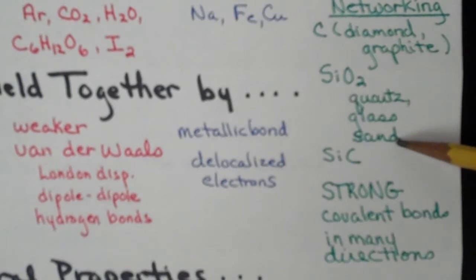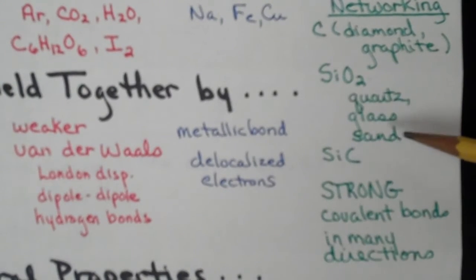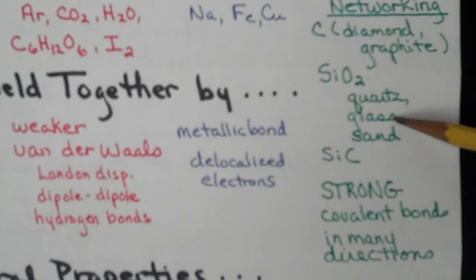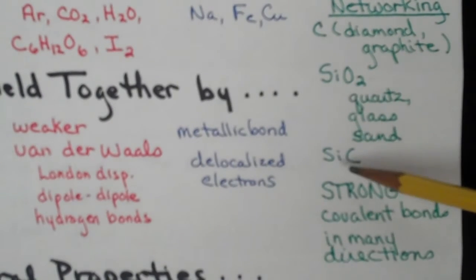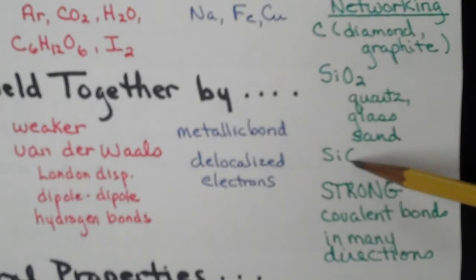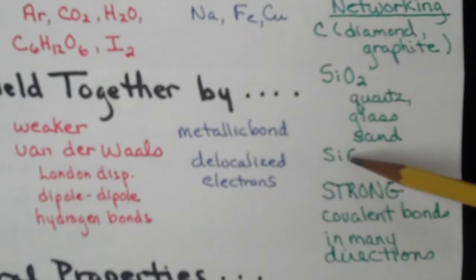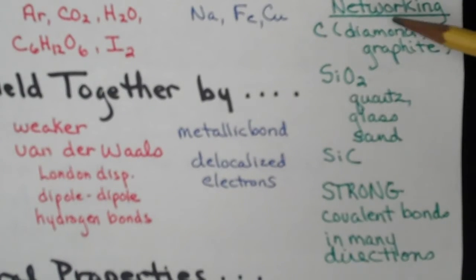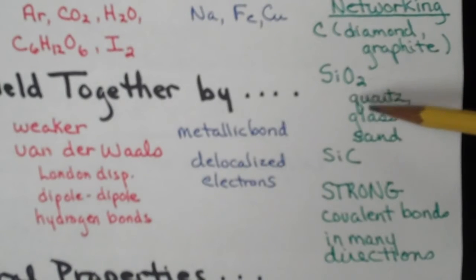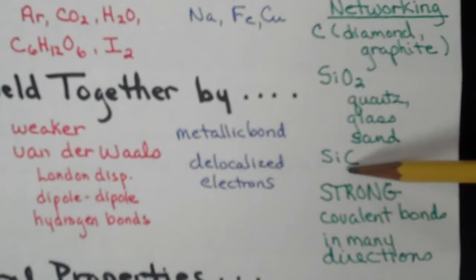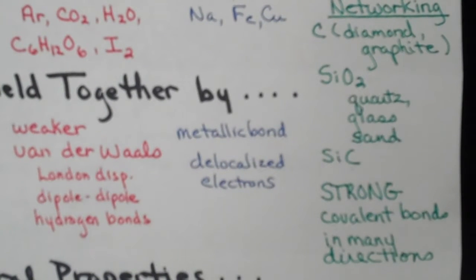It's found in certain types of sand, and you may be aware of the fact that sand can be used to make glass. The other compound that I might mention is silicon carbide. You need to know these examples of covalent networking crystals.